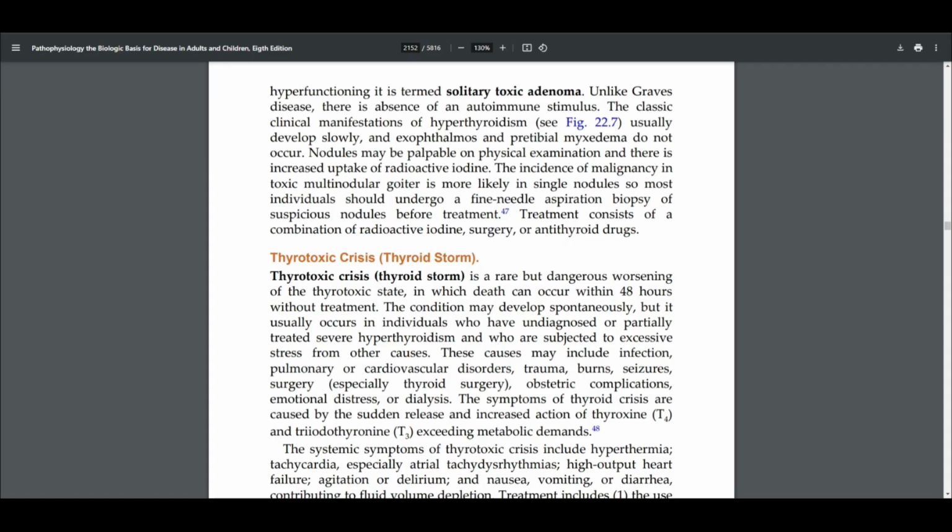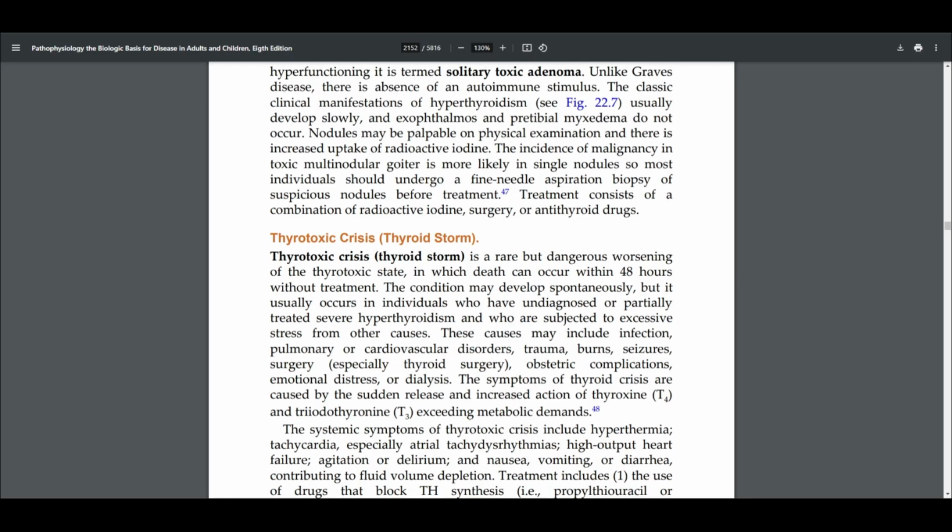Nodules may be palpable on physical exam, and there is an increased uptake of radioactive iodine. The incidence of malignancy in toxic multinodular goiter is more likely in single nodules, so most individuals should undergo a fine needle aspiration biopsy of suspicious nodules before treatment. Treatment consists of a combination of radioactive iodine, surgery, or antithyroid drugs.